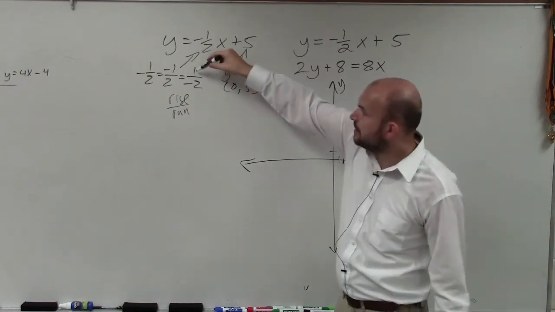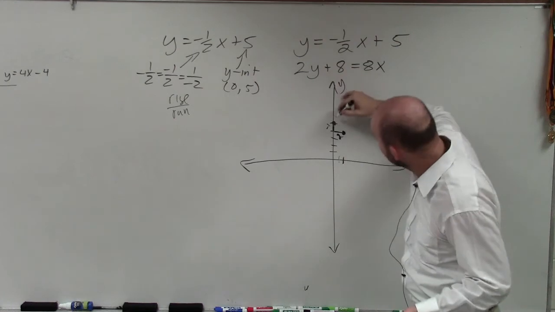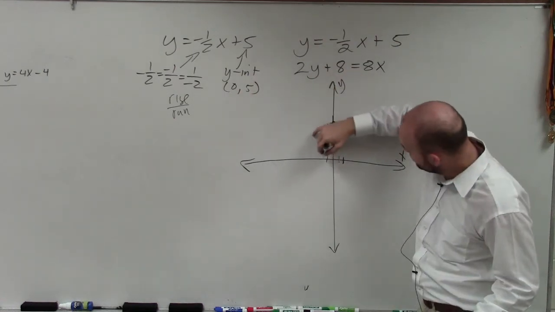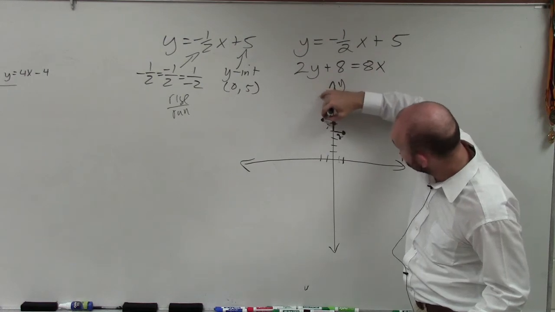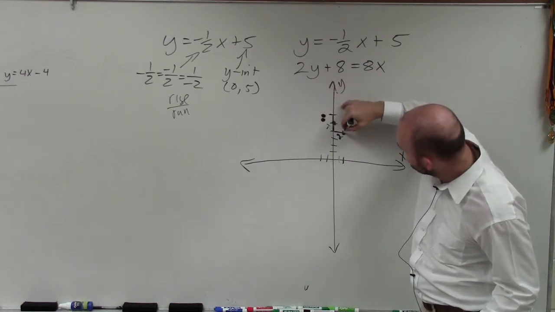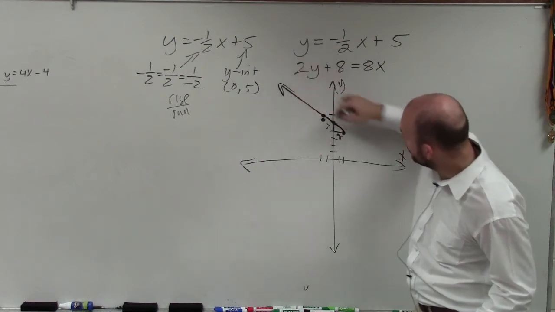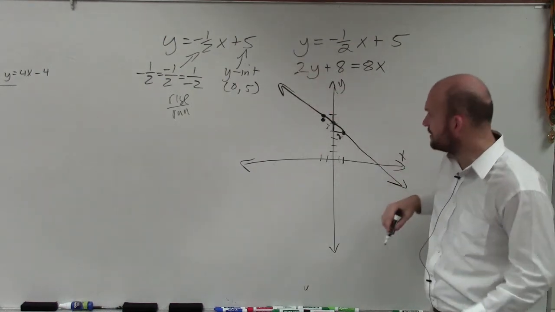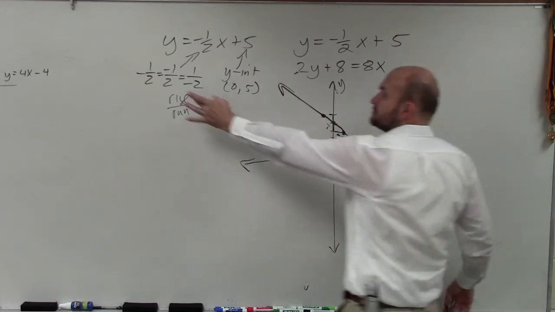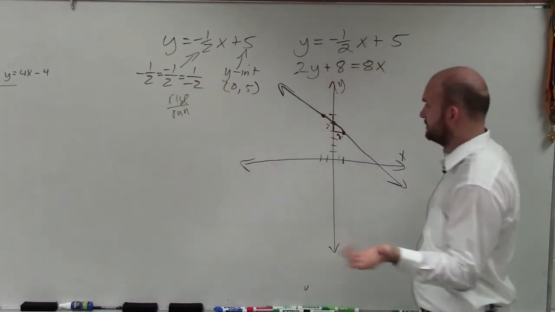If you did this one, change in y-coordinates was +1, then you'd go up 1. And if the change in the x-coordinates was -2, you'd go left 2. But either way you look at it, I want you to see that all these points are going to lie on the same line. Now, my line's a little ugly, but hopefully you get the idea. It doesn't matter which one of these you use. You're just going to have to pick one and go with it.